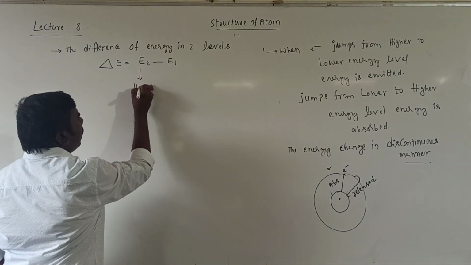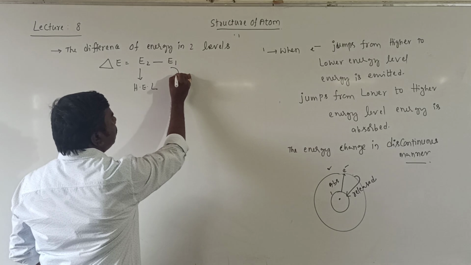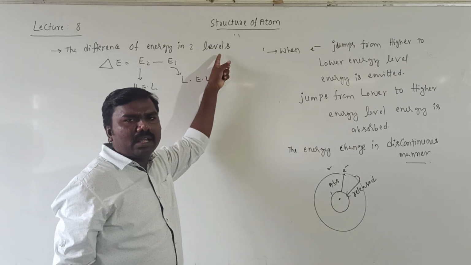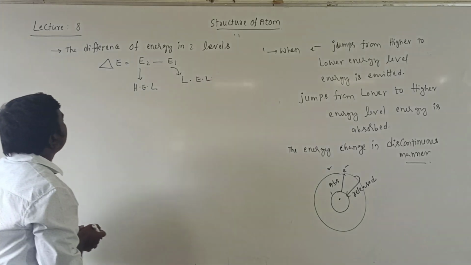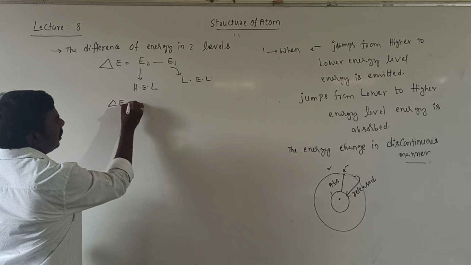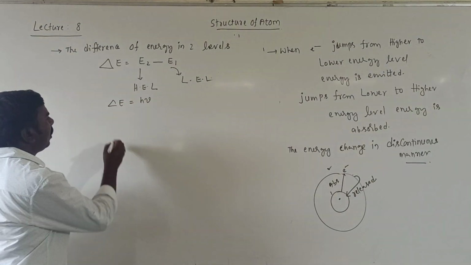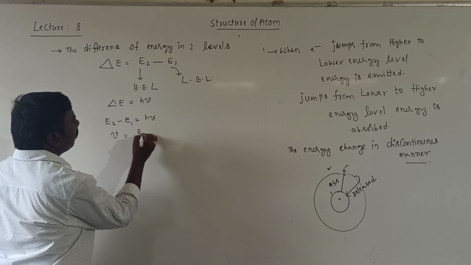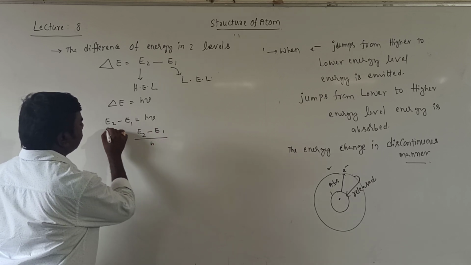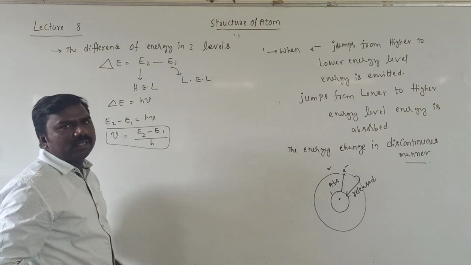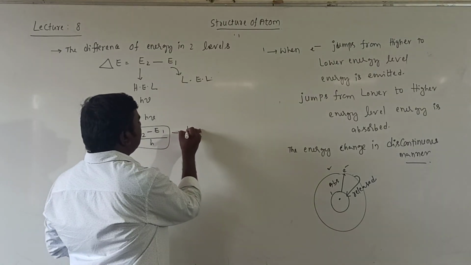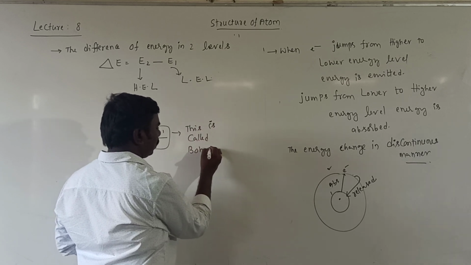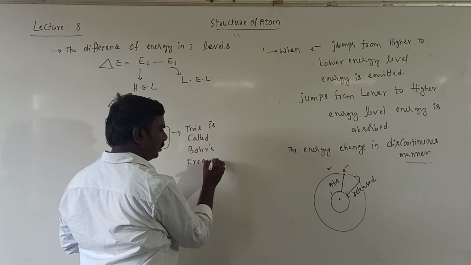E2 is the energy of the higher energy level, E1 the energy of the lower energy level, right? Then delta E, energy, is directly proportional to frequency. Then E2 minus E1 equals h nu, where nu equals E2 minus E1 by h. This is called Bohr's frequency rule.